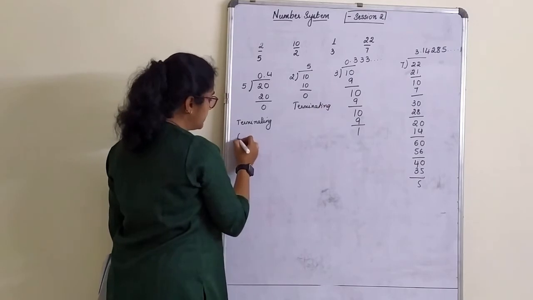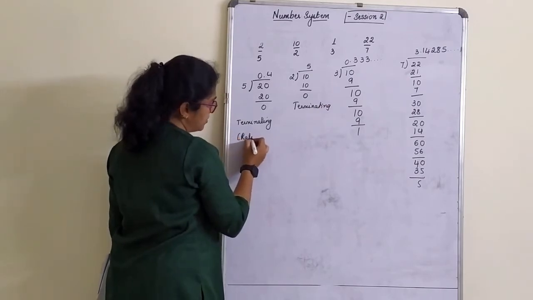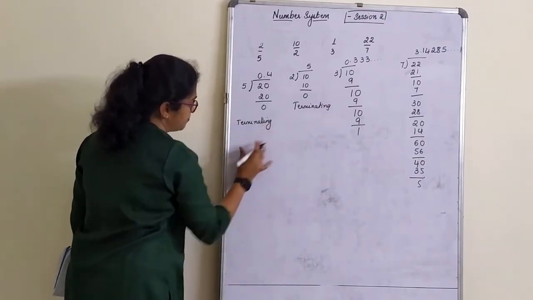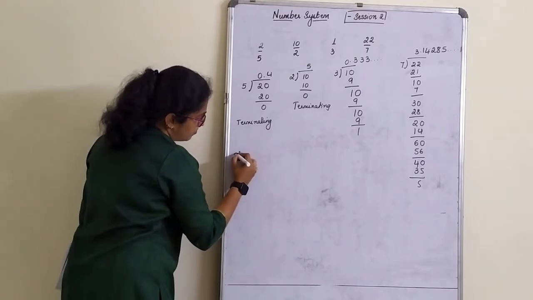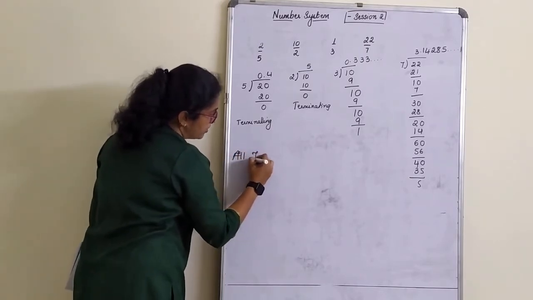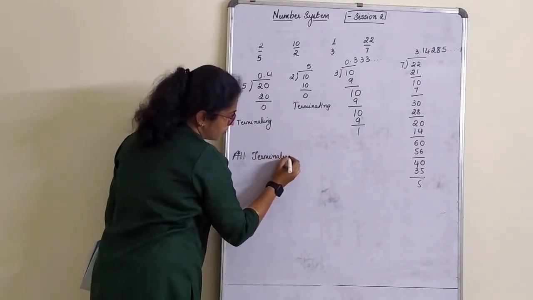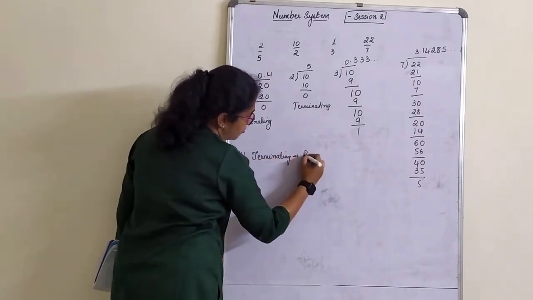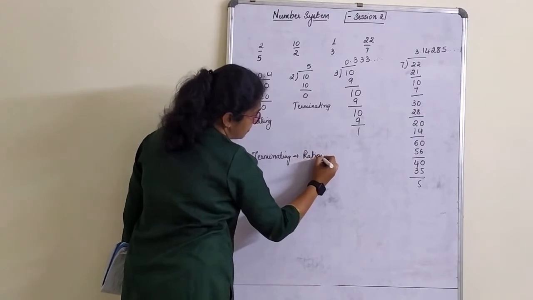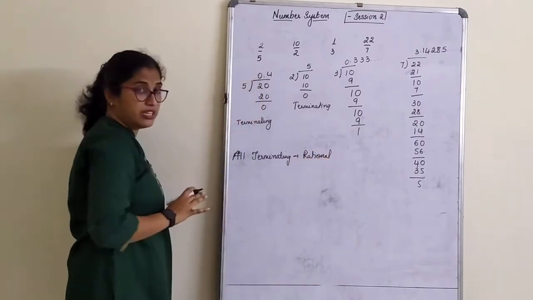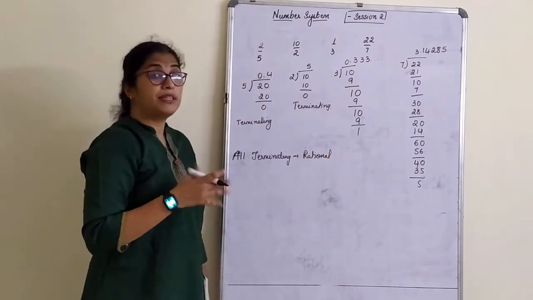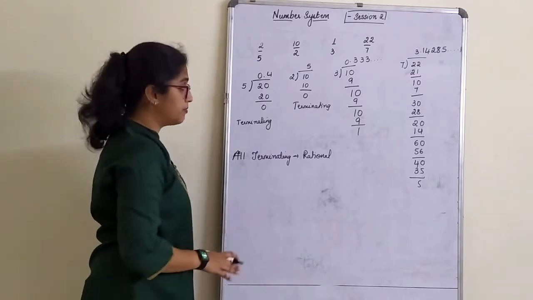So all terminating will belong to rational numbers. That means all terminating decimals are rational numbers. We can rewrite them in the form of p by q. Keep that in your mind.